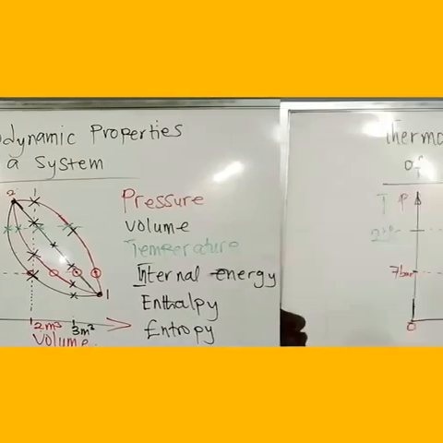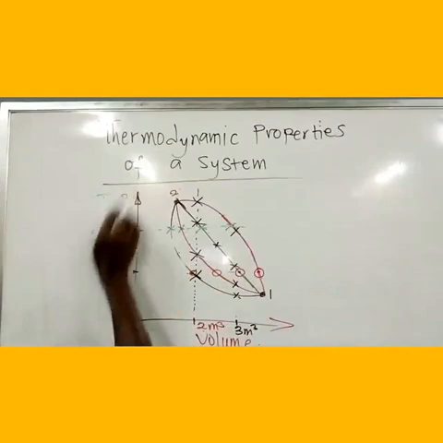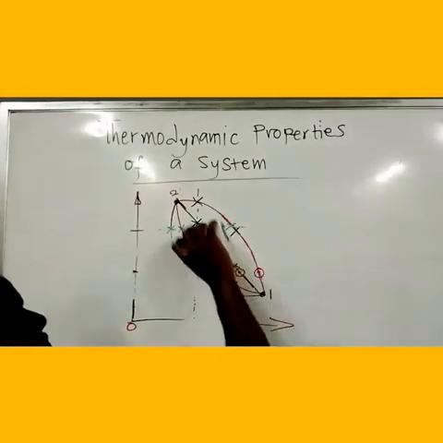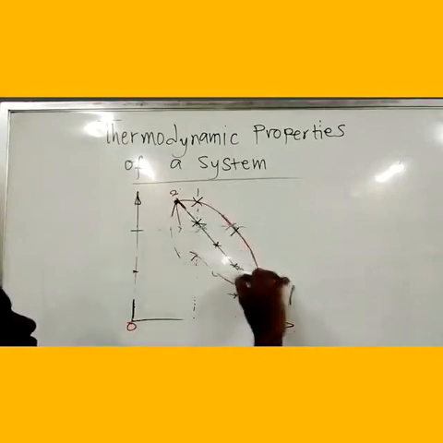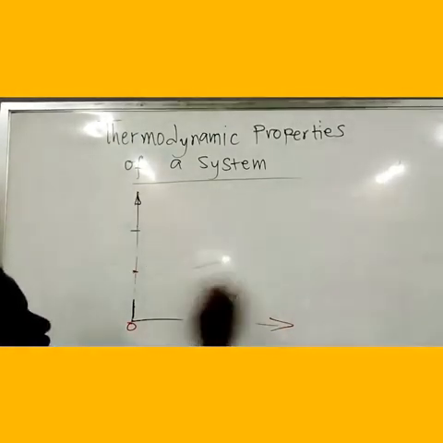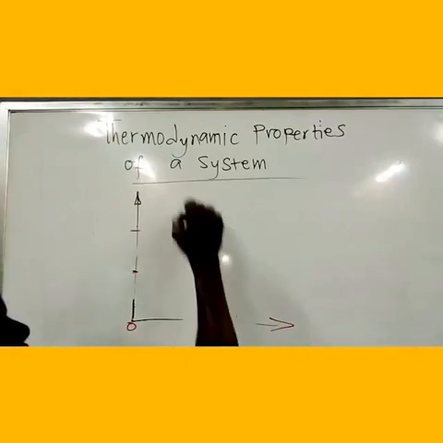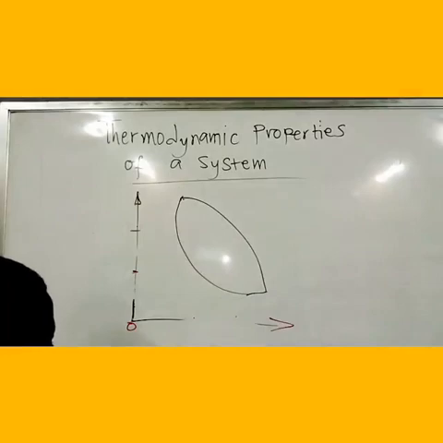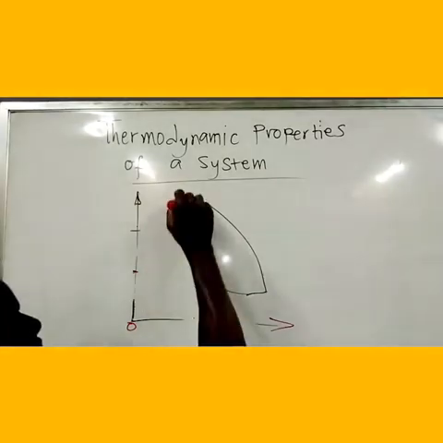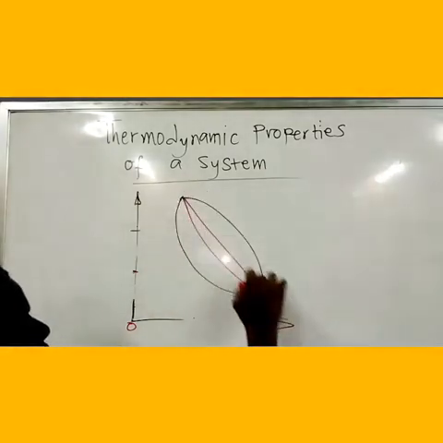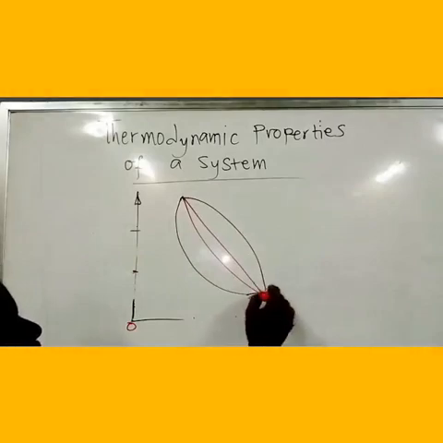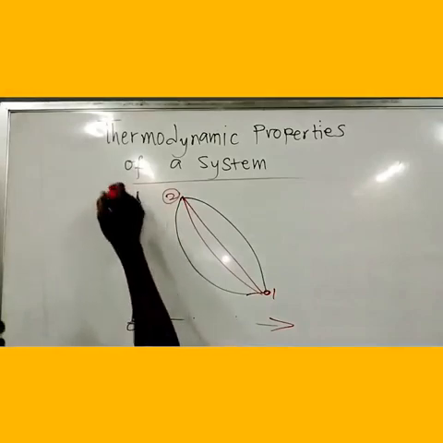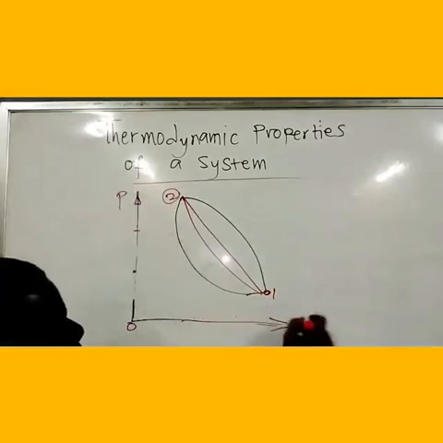Now let's look at, if you have the same graph from 1 to 2, we have pressure here, we have volume here.